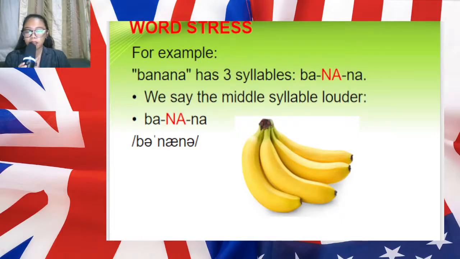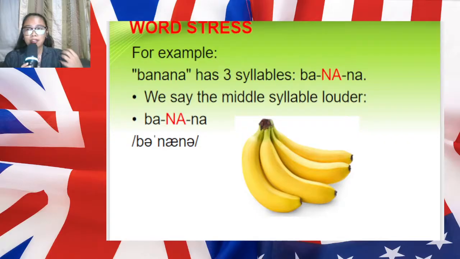So here, can you hear how na is just a little bit louder, longer and more clear than the other parts? The first na, huh? So that's the stressed syllable, as I've mentioned earlier. It gives the word its correct sound and rhythm. If we stress the wrong syllable, it feels a little off, right?